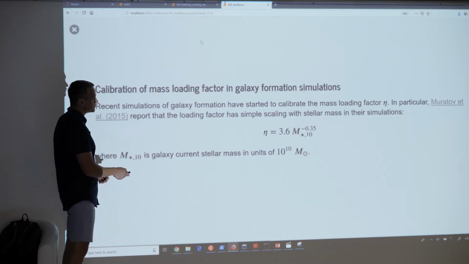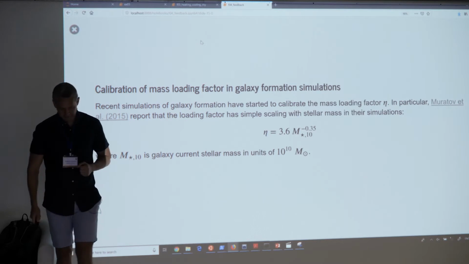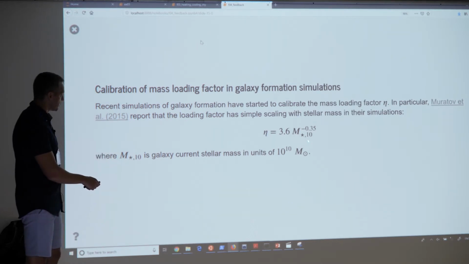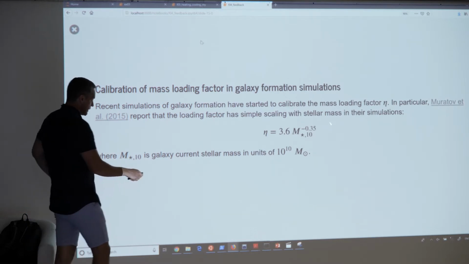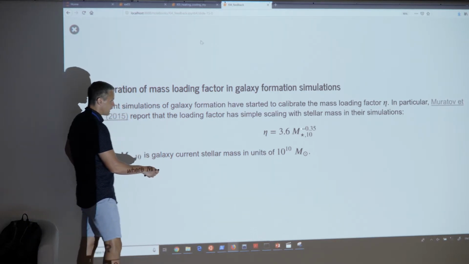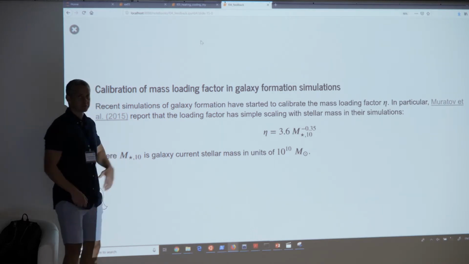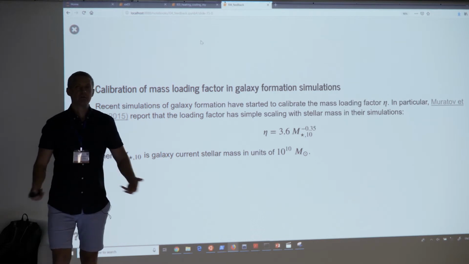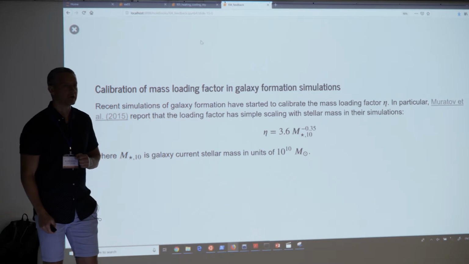So this is stellar mass in units of 10 to the 10, and they found this scaling relation. You see why I assume 3.6, because it's the normalization of their relation at 10 to the 10 solar masses, close to the knee of the luminosity function of galaxies. And there is a scaling with stellar mass. It's negative, so it means that for smaller mass galaxies, as stellar mass is smaller, the eta is larger. So in other words, for dwarf galaxies, a given star formation rate removes more gas compared to massive galaxies.